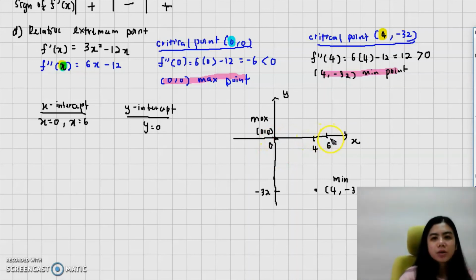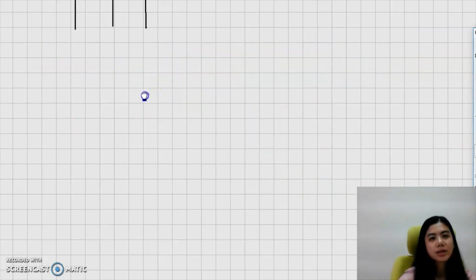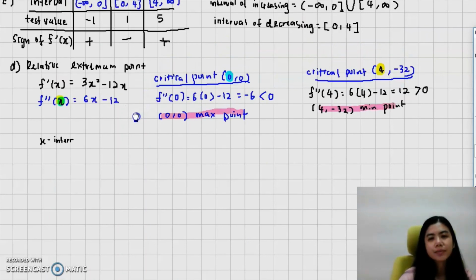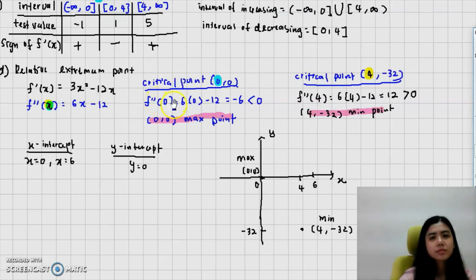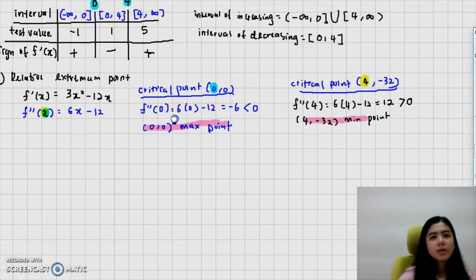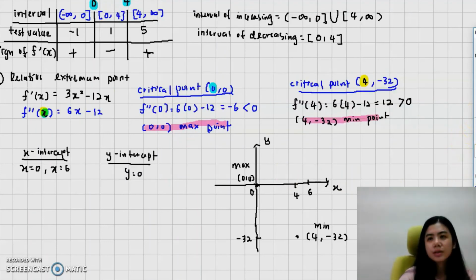In order to draw correctly, I'm going to use the table of intervals of increasing and decreasing.